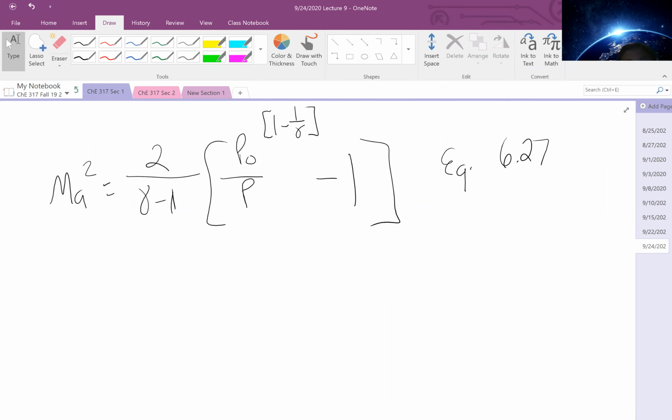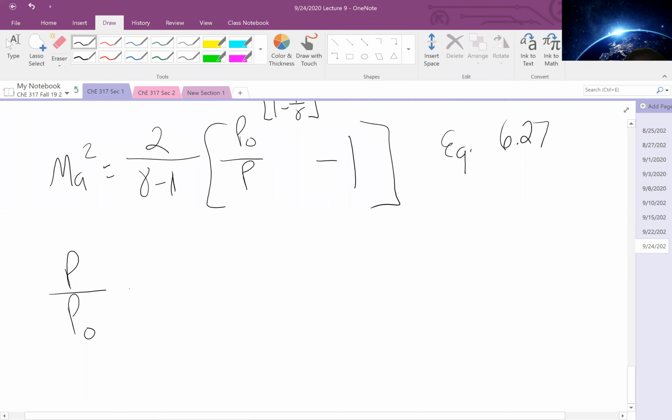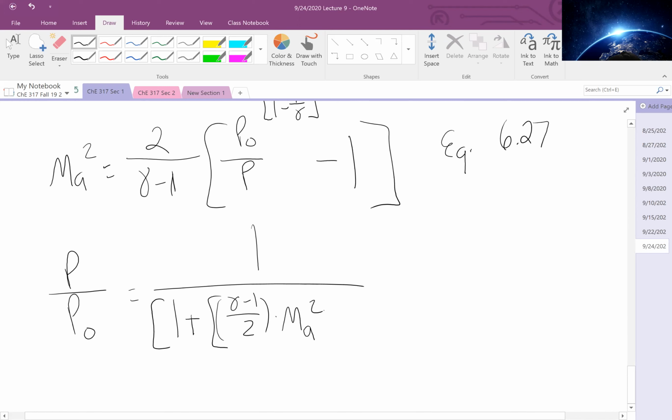The last equation I would consider is looking at another function of the pressure ratio, which is 1 over 1 plus gamma minus 1 over 2 times the Mach number squared, all to the power of 1 over 1 minus 1 over gamma. This is equation 6.28.